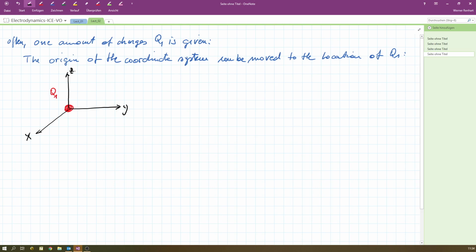So this means the source point vector equals 0. So it makes it all a bit simpler, because then we have a very simple mathematics.